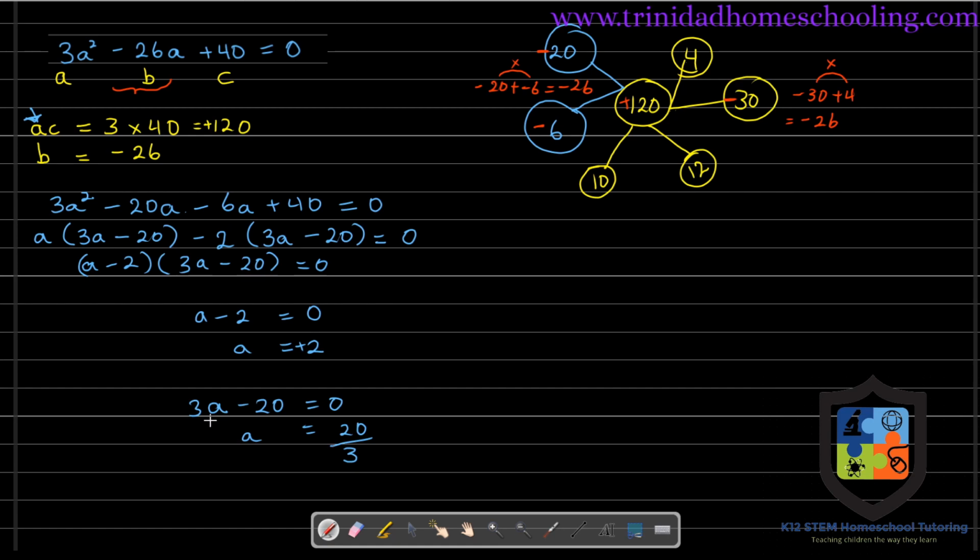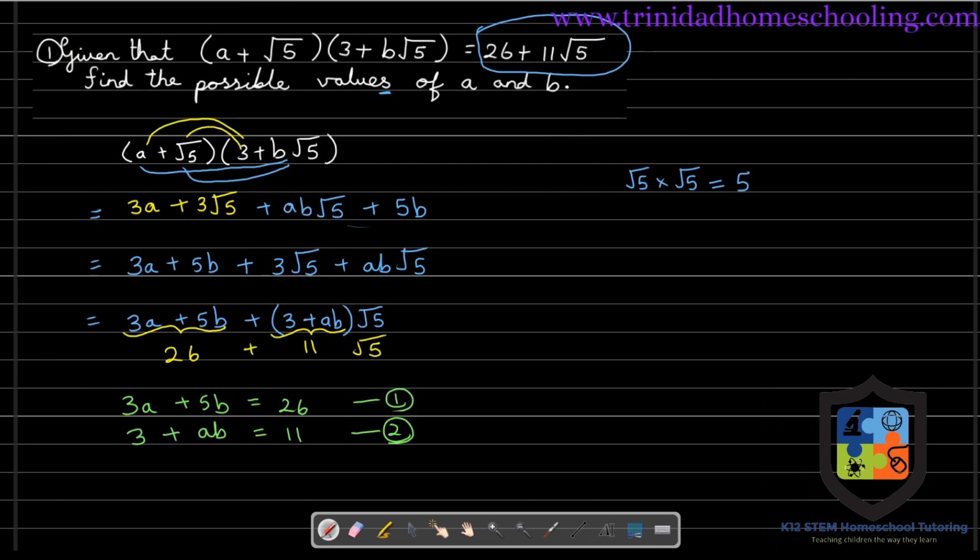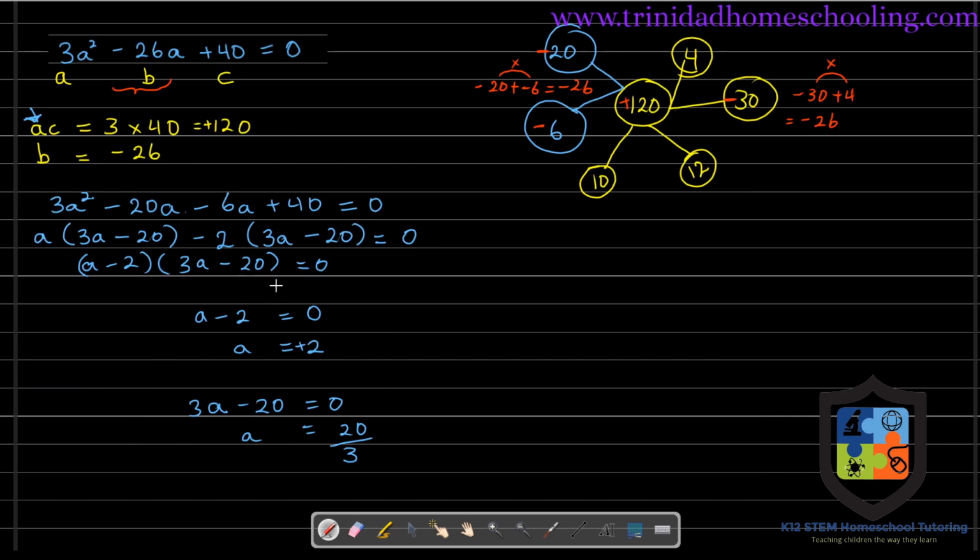So here we have two possible values. After you do a long set of working, go back and look at the original question. The original question was to find possible values for a and b. So we found two possible values for a: a is equal to positive 2, and a is equal to 20 divided by 3.